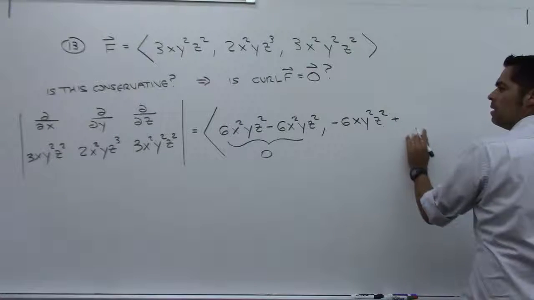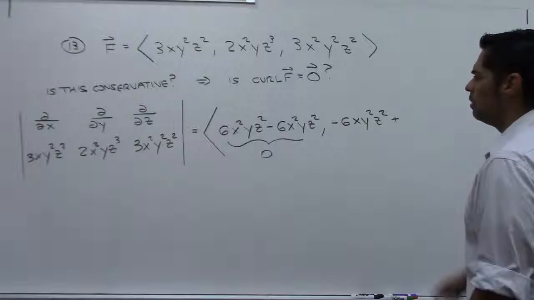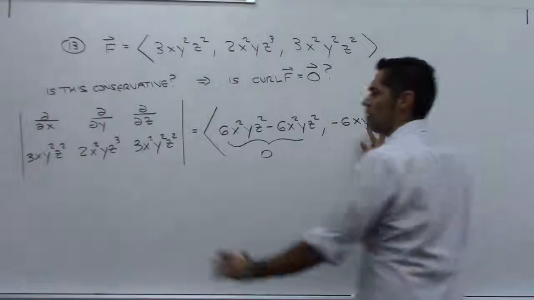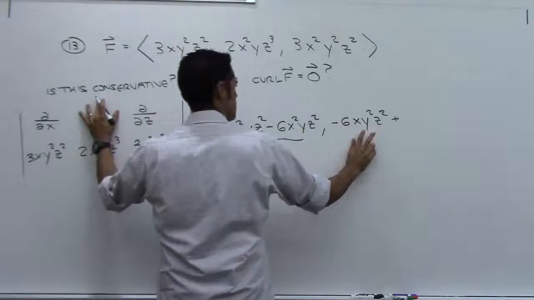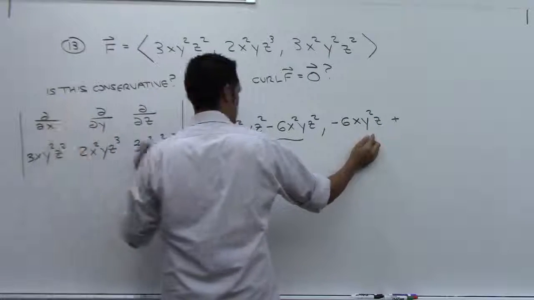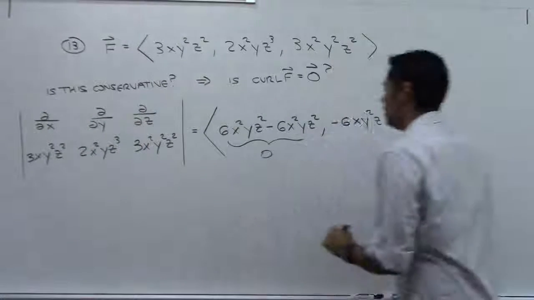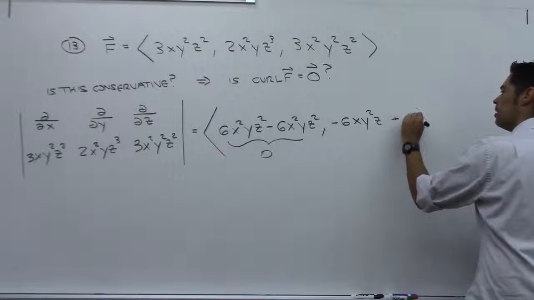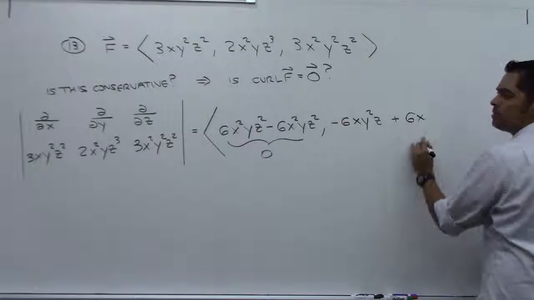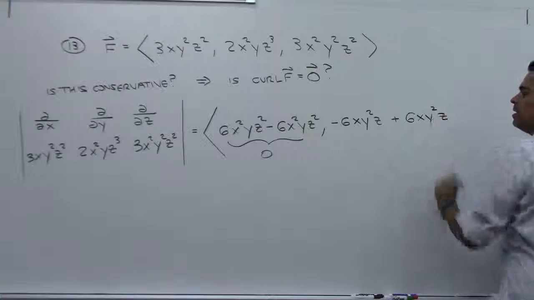Is that right? Hold on. Did I do this one? Cover up this. Forgot to bring the power on z down. Sorry. That was here to here. So now this one and this one, we get plus 6x y squared z.